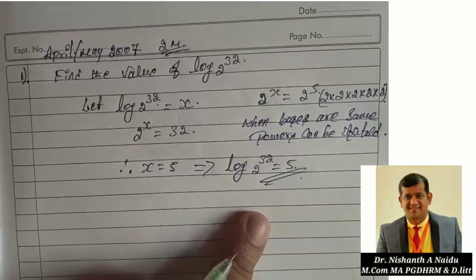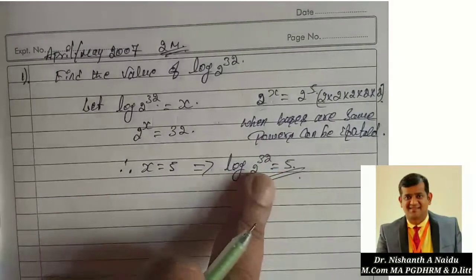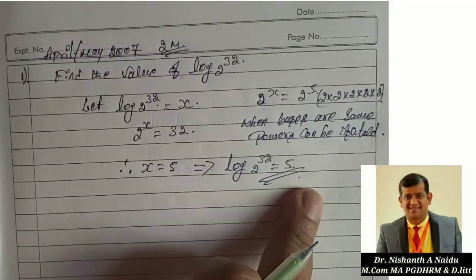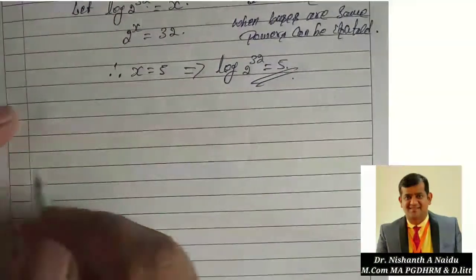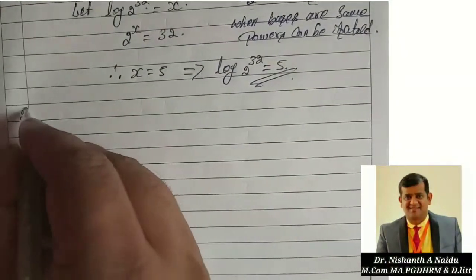So our answer is log 2 to the power 32 equals 5.